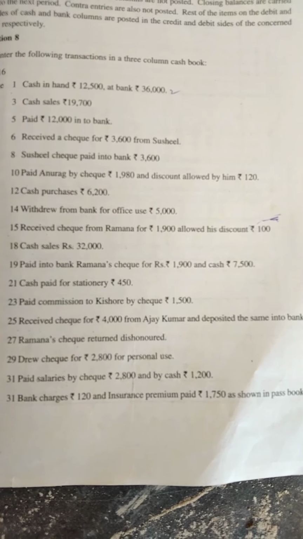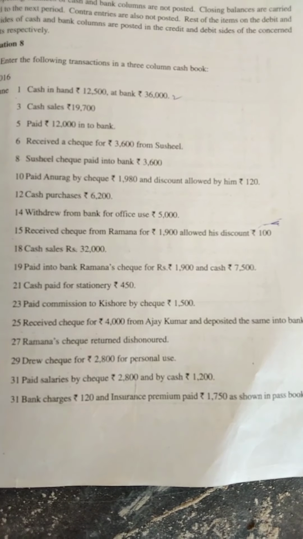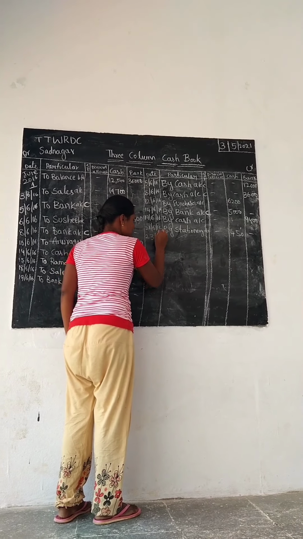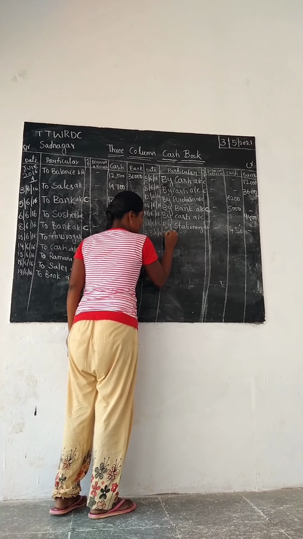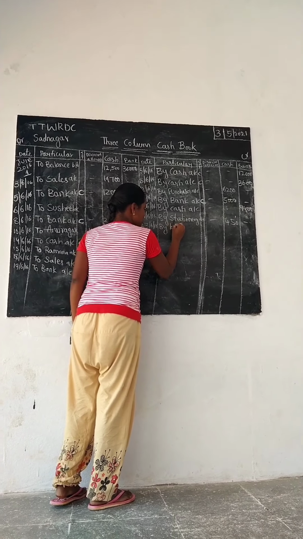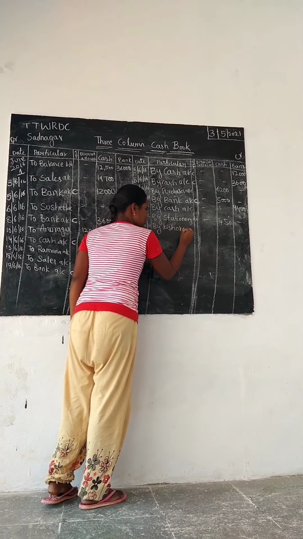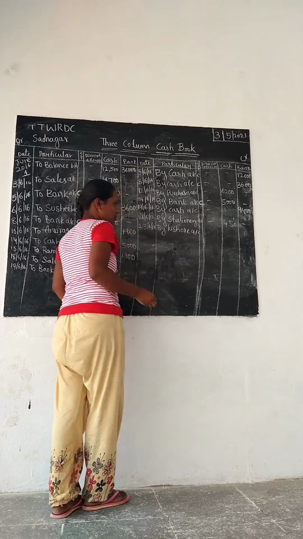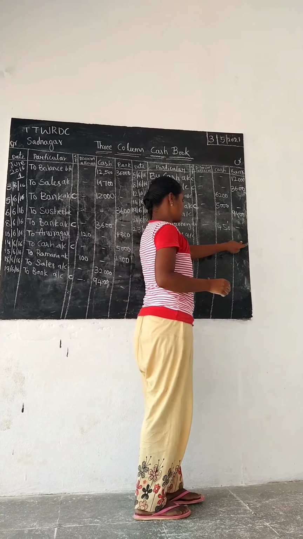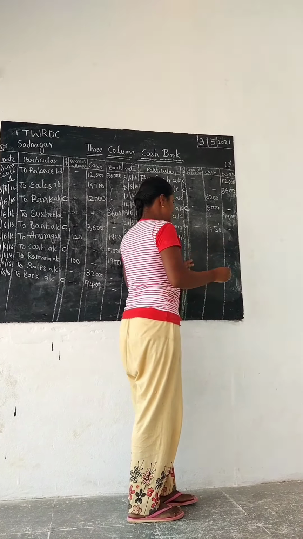The amount is 1,500. Date 23/6/16 by Kishore account. The amount is in the bank column because they mention check.